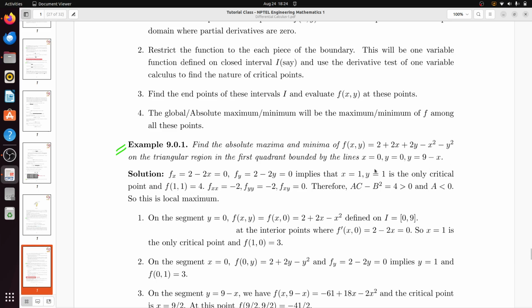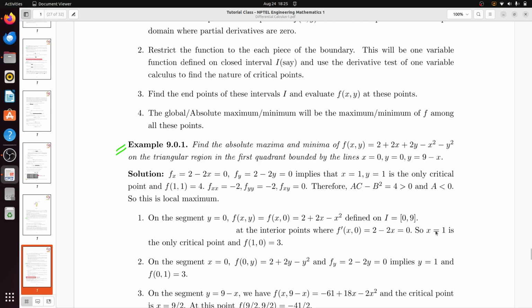Now you need to consider the lines of this triangle: x equal to 0, y equal to 0 and y equal to 9 minus x. So first in your f(x,y) you put y equal to 0. So f(x,0) will be 2 plus 2x minus x square. इसका तो कैसे निकालना है आपको पता है, बस df dx कर दोगे. So df dx is 2 minus 2x and your y is 0. So your critical point is 1 comma 0.